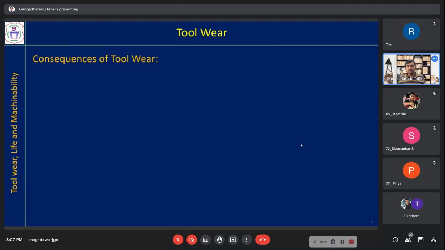Then we will say the tool has failed. That method of tool failure is desirable.